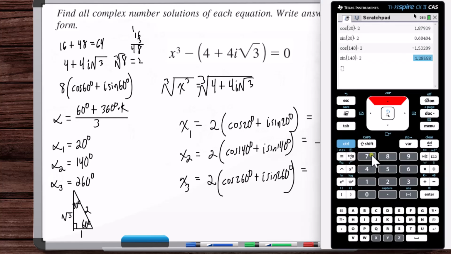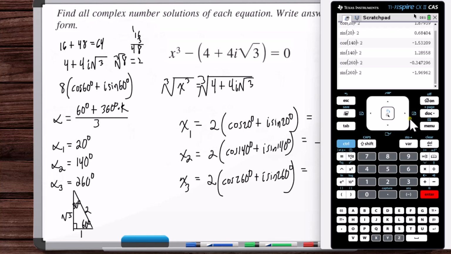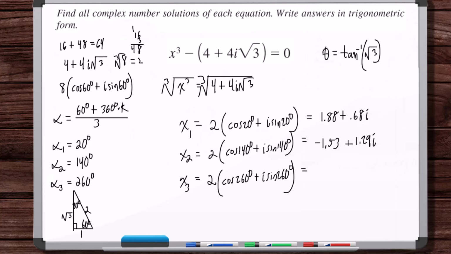Okay, now let's see. Minus 0.35 minus 1.97i. And there we go. You take any of these numbers and you cube it, you're going to get 4 plus 4i root 3, which would satisfy this equation.